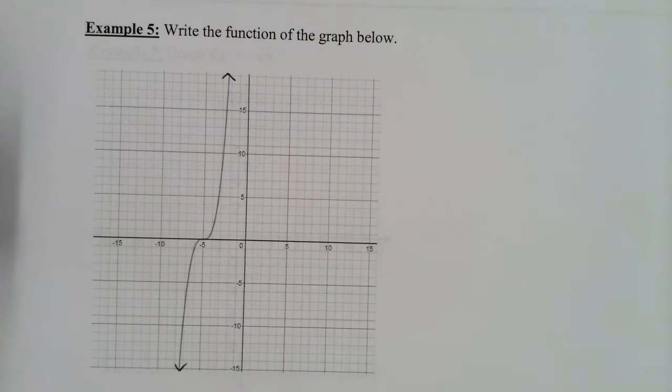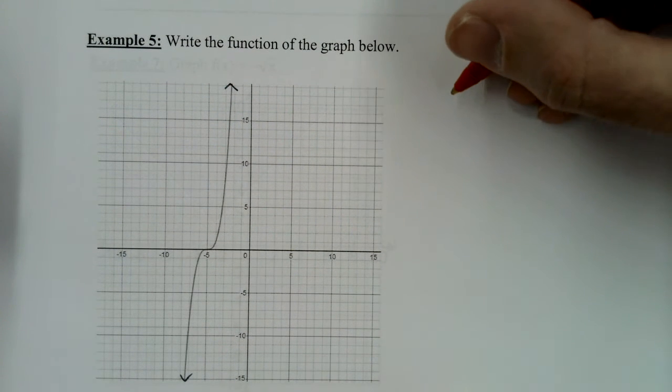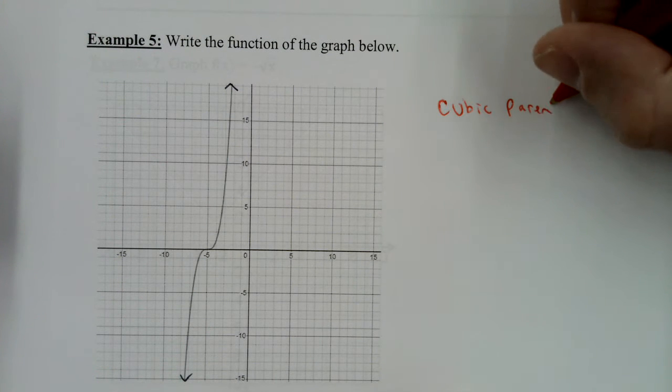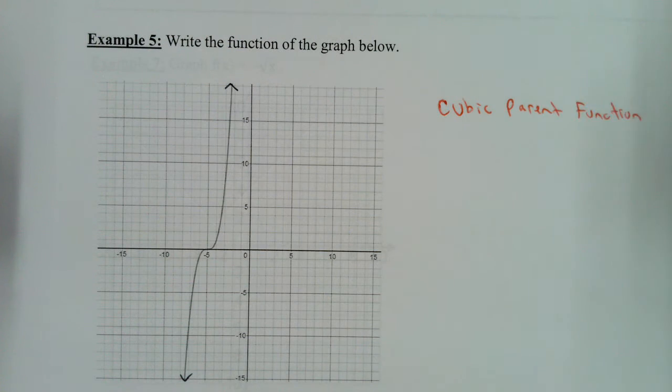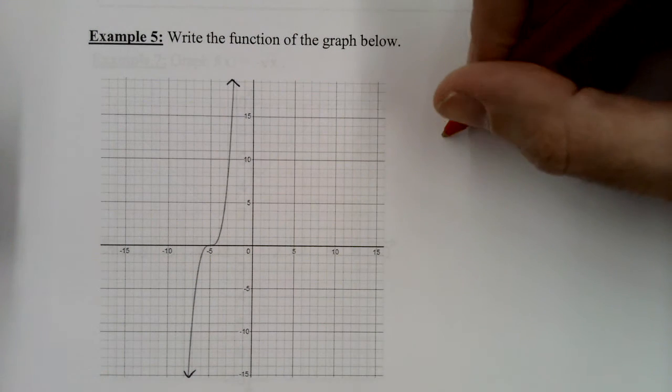Write the function of this graph. Well, this looks like the cubic parent function. Okay, think back to last class. This looks like the cubic parent function. And it shifted 5 units left.